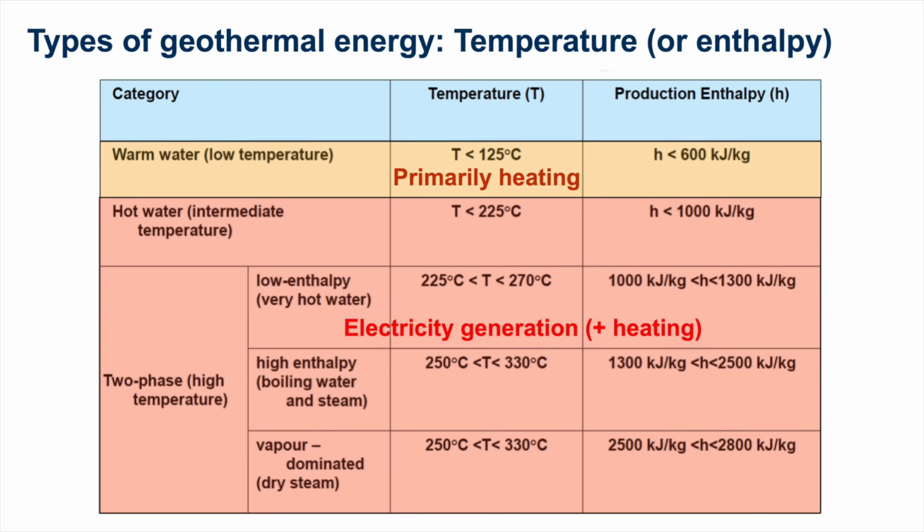And ideally going right up to these very high temperatures here, where we may even have mainly steam production rather than hot water production. And once we drop below around 125 degrees C or so, there's not enough energy in the water for efficient electricity generation. So now we're really talking about using that for heating of buildings rather than for generation of power.